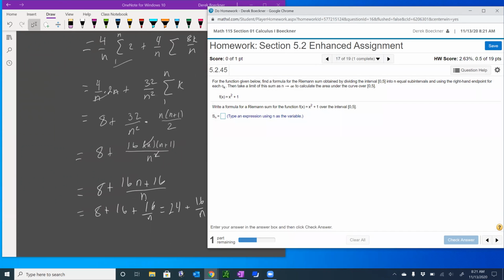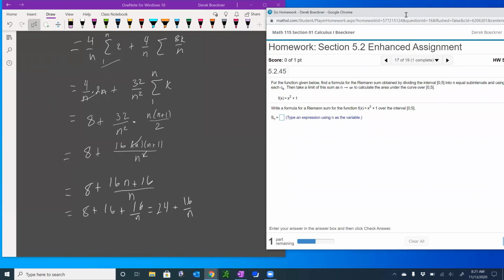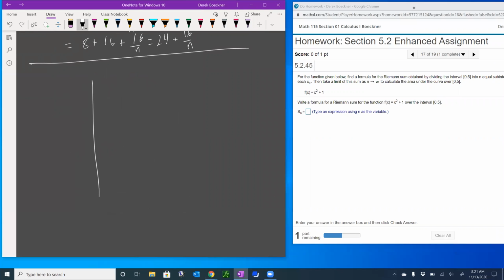Let's try another one now that I kind of know what it's asking for. Okay. Graph. Get a parabola, 1 to 5. This is x squared plus 1.